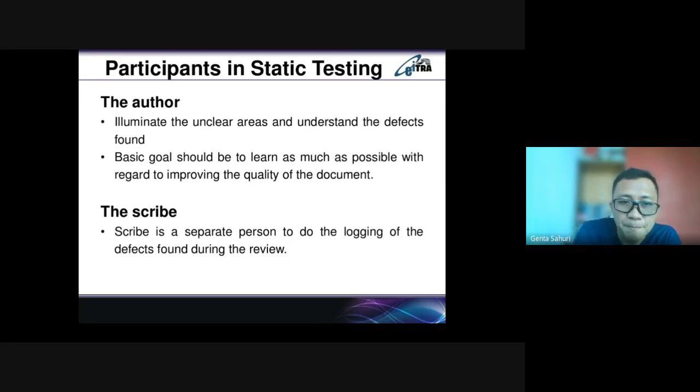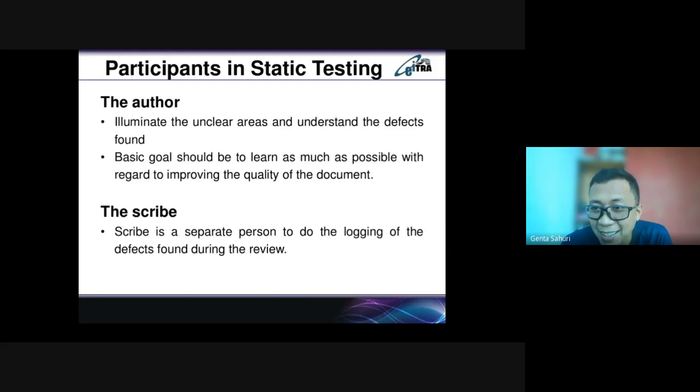Next is the scribe. The scribe is a separate person who does the logging of the defects found during the review. It's like a notulen writer. After the meeting, he will produce what is called the MOM document. Do you know what MOM stands for? Mom and dad?